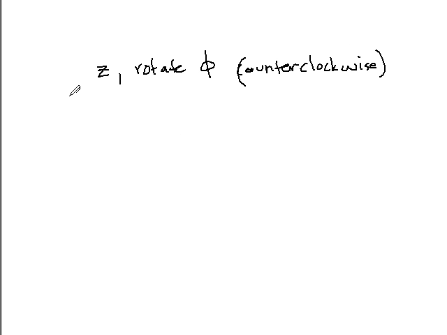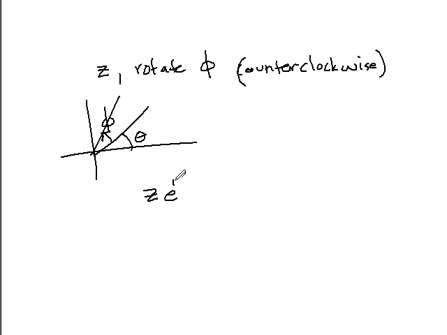I have a vector z that's already at a certain angle theta, and I want to rotate it to another angle phi. We can do that just by multiplication. Multiplication by a complex number is nothing but a rotation and a scaling in the 2-dimensional plane, R2. So I would take v and multiply it by e to the i phi.